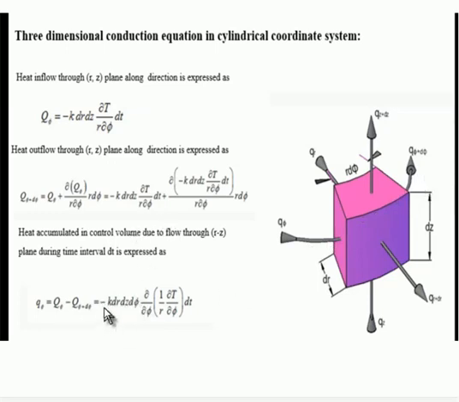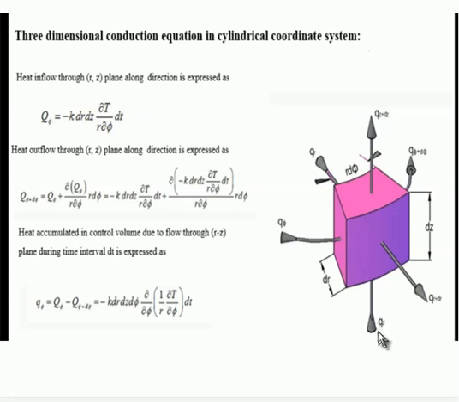We get minus k dr dz d phi dou by dou phi equal to 1 by r dou t by dou phi into dt. Simplifying by substituting these two, we get minus k r dz dr d phi dou by dou phi equal to 1 by r into dou t by dou phi into dt. This is in the rz plane.